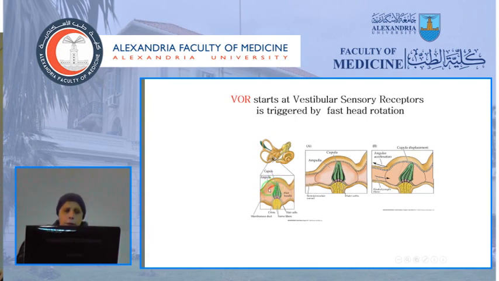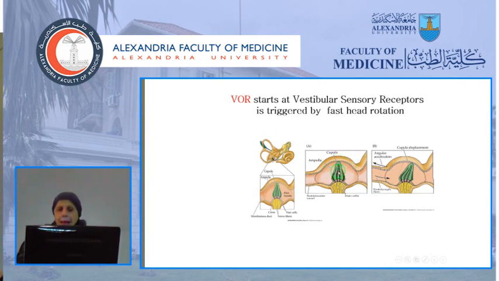All this is surrounded by the endolymph, the fluid inside the membranous labyrinth. Now, when the head moves, what will move with the head is the bony part of the labyrinth and the membranous part of the labyrinth.